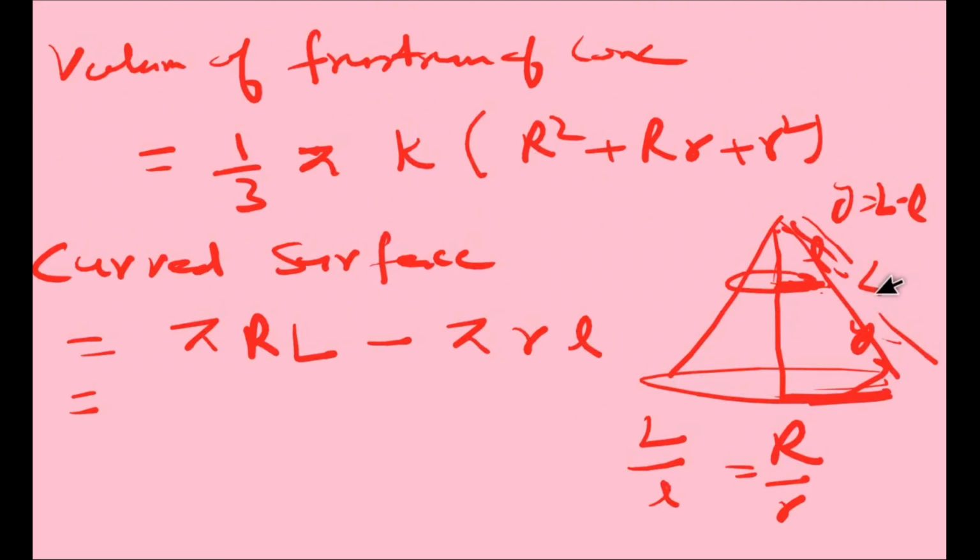Okay, now we can also write the ratio this way, in this triangle and in this triangle: small l upon y equal to small r upon R minus r.